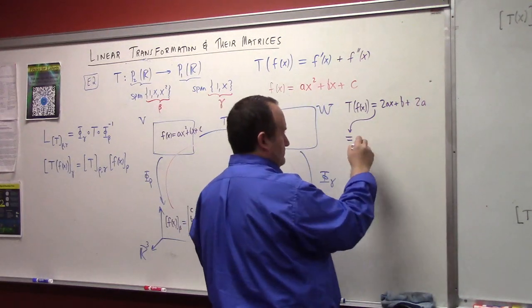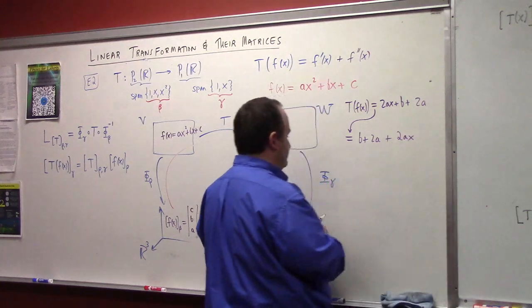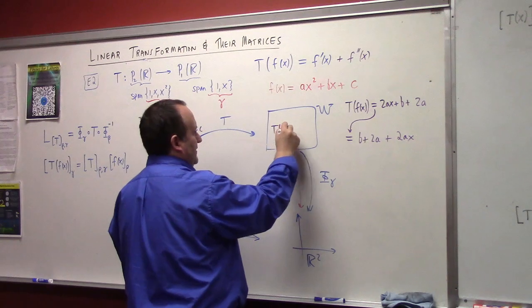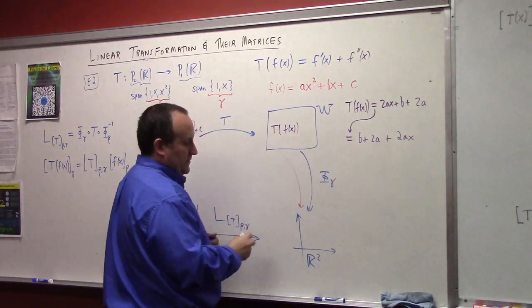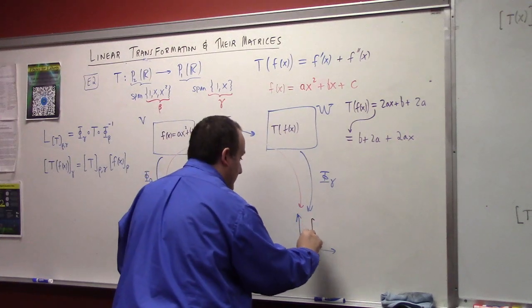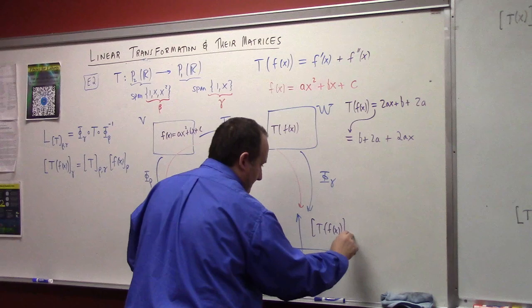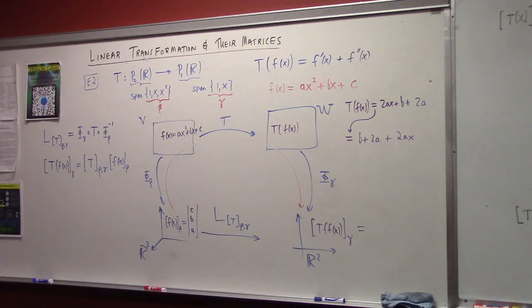All right. So we've got b plus 2a plus 2ax. So there's our T of f of x, equals that. What is the coordinate vector of T of f of x with respect to the gamma basis? Where are we? Right here.